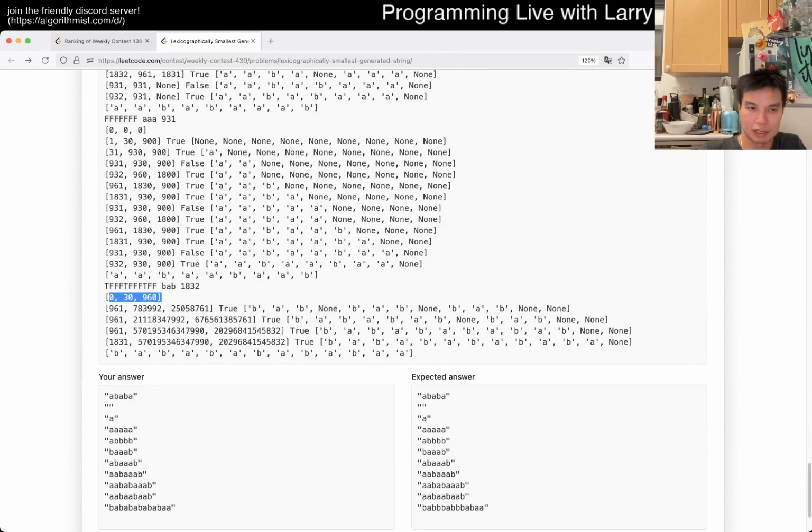Okay, let's do the math. BAB. So this is the starting. That's not right. Well, okay, actually maybe that is. 30 is B. This B is wrong because you have only one character.